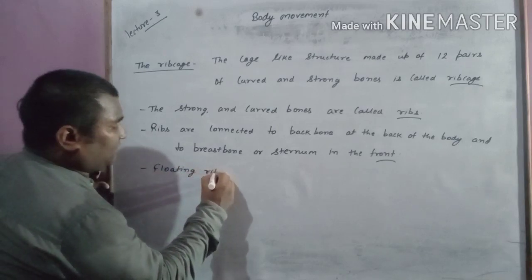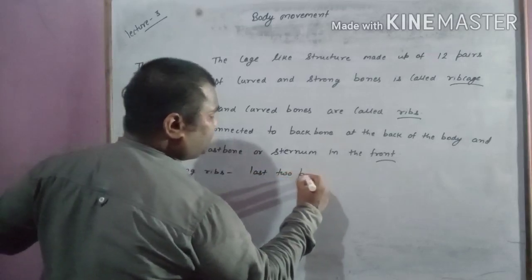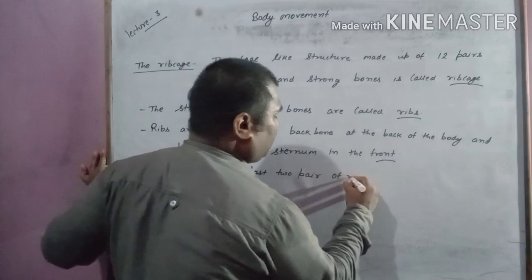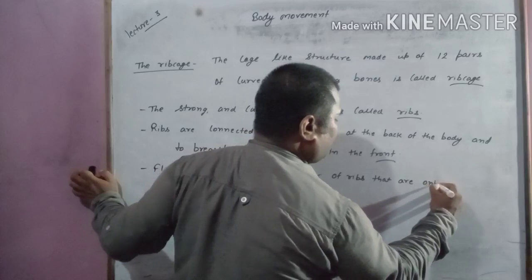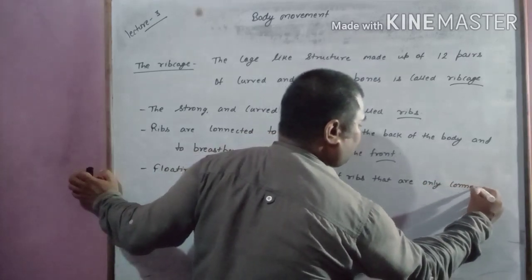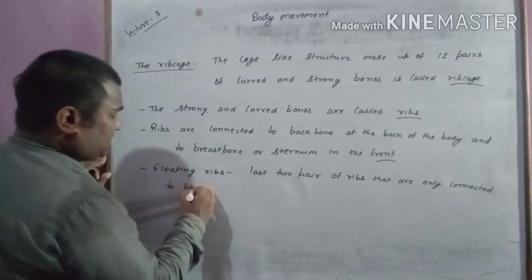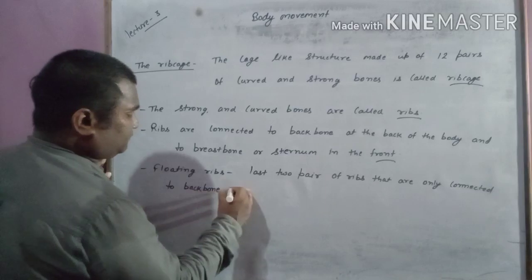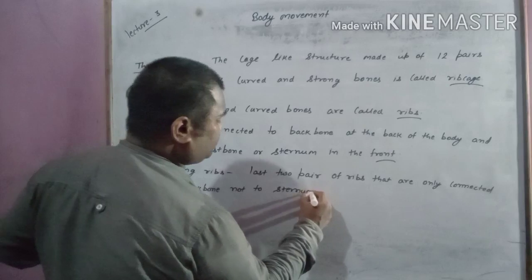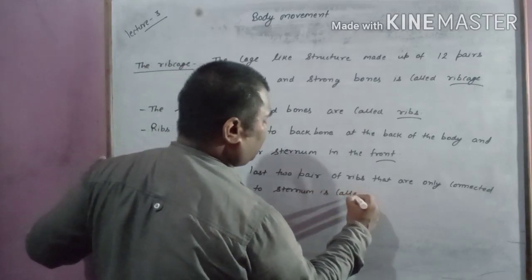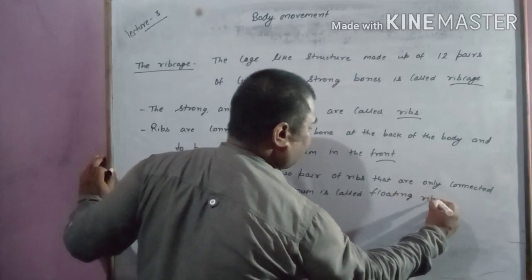The last two pairs of ribs that are only connected to the backbone, not to the sternum, are called floating ribs.